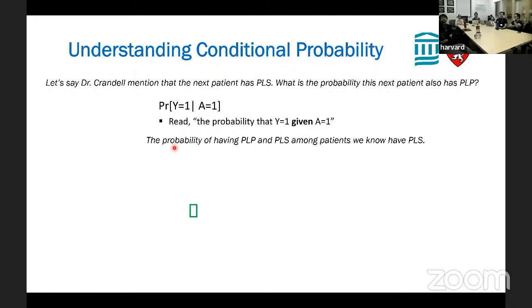It's the probability of having PLP and PLS among those patients that we know have PLS. So actually the numerator is not only Y equal 1, it's Y equal 1 and A equal 1, given A equal 1.